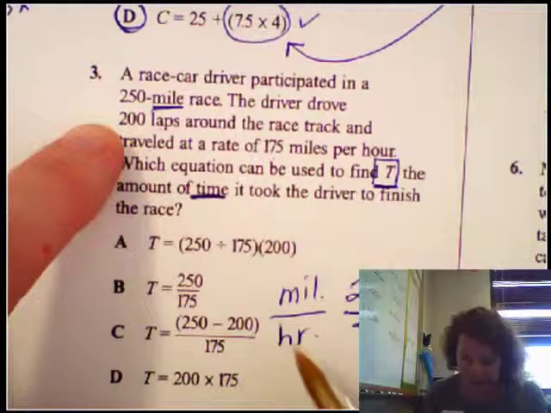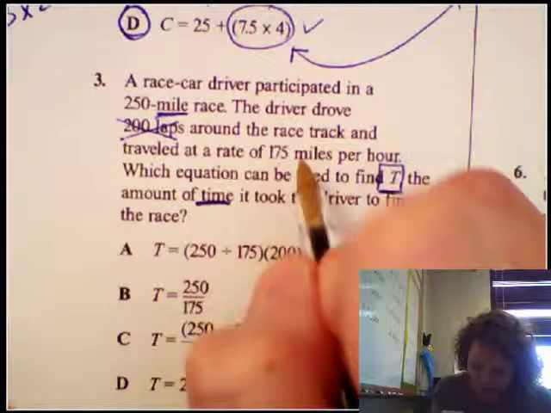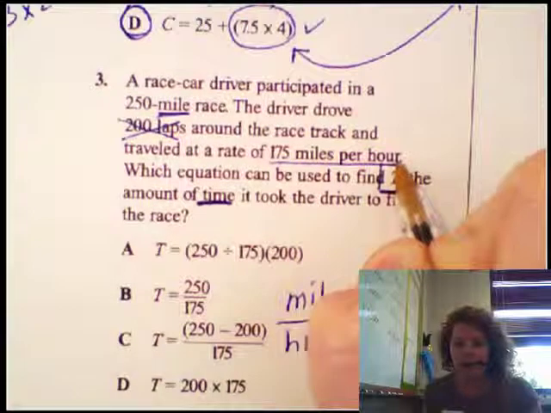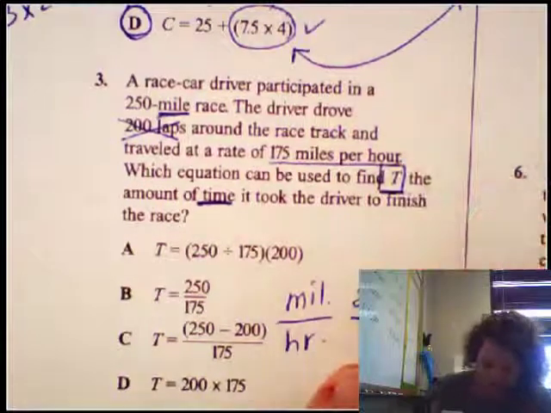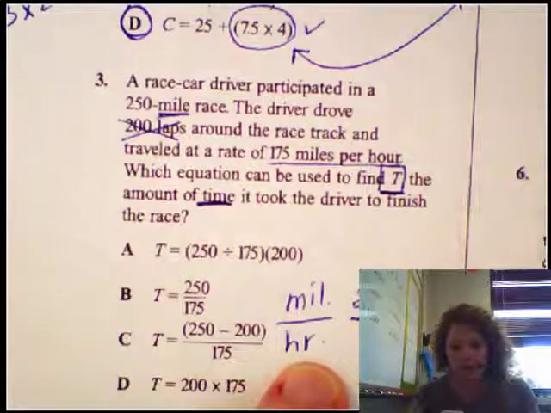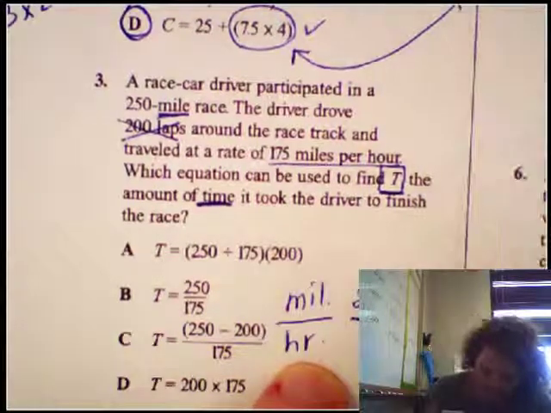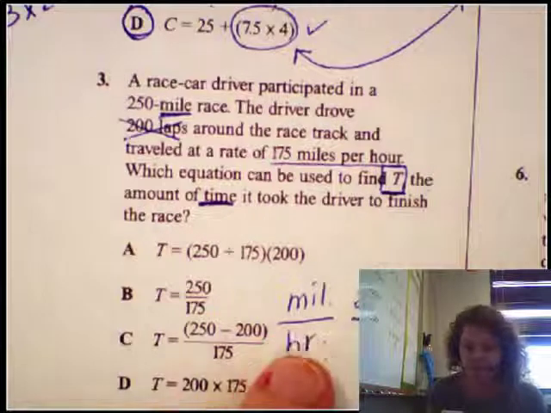Laps, well, that doesn't have anything to do with our proportion, so that's not in there. But he traveled at a rate of 175 miles per hour. How can we put that in our proportion? Well, it's 175 miles per hour, so per hour means per 1 hour. So 175 miles in 1 hour.